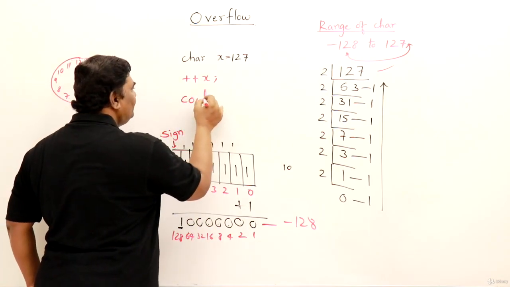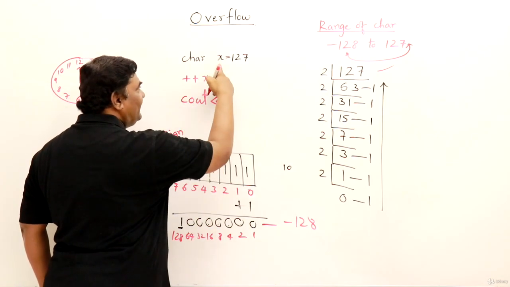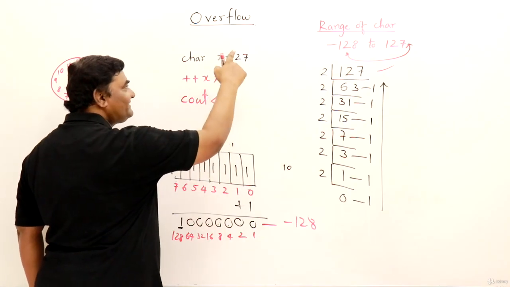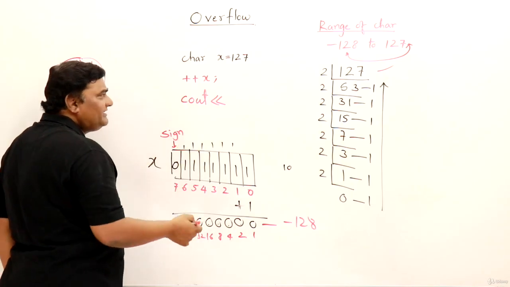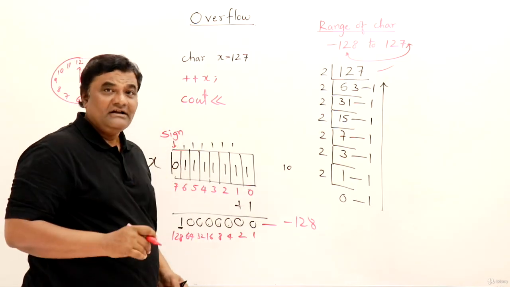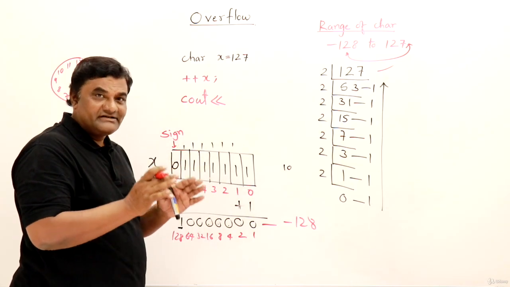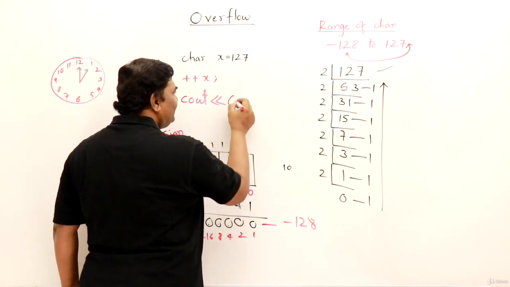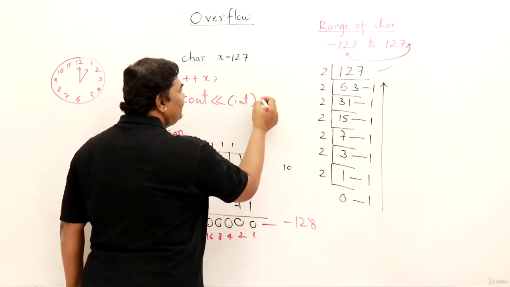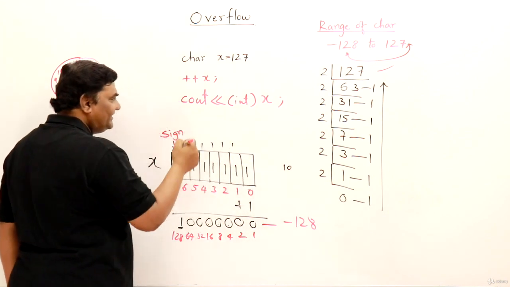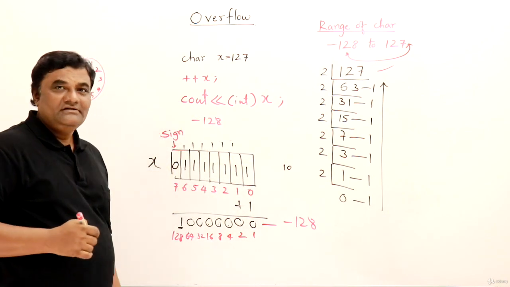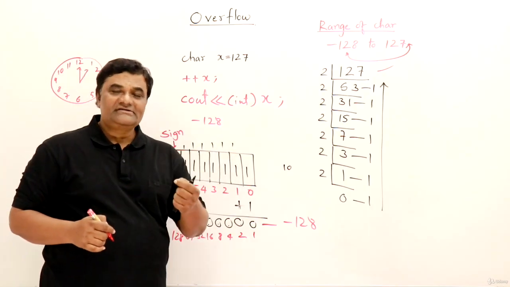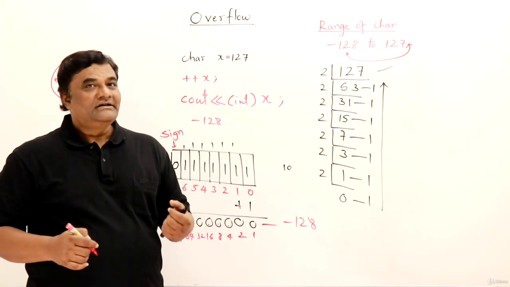If I write cout x, it will display a character symbol for this, like for minus 128 some junk character will appear. I want the numeric value, that is minus 128. So typecast it as an integer and display it. So integer of x. Now you can see minus 128 displayed on the screen. So that's all. This is the topic of overflow, right?